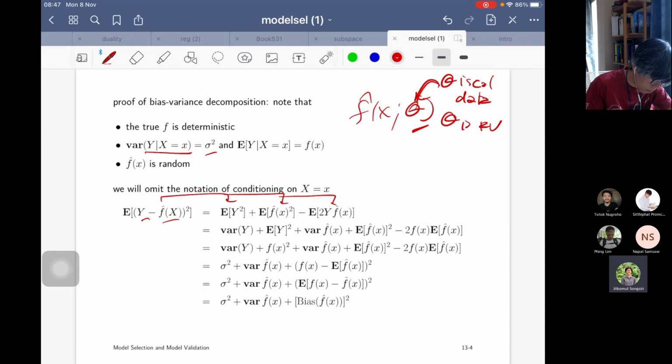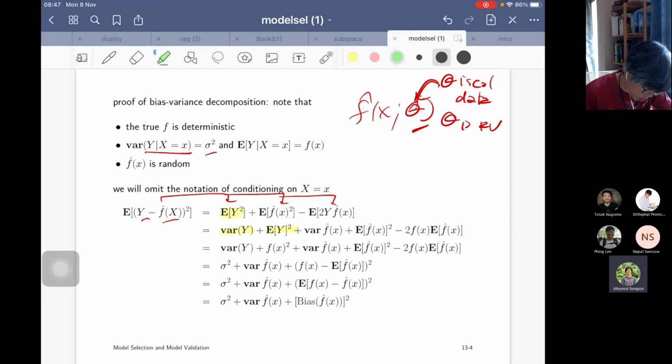The next thing is to use the fact that the expectation of the second moment is the variance plus the mean square, and the same for this term.